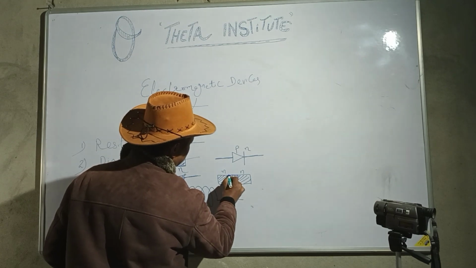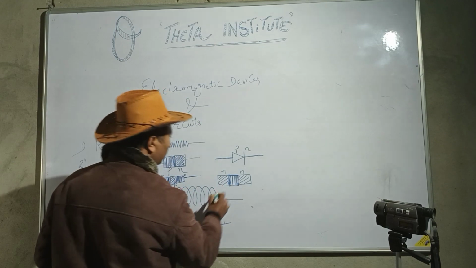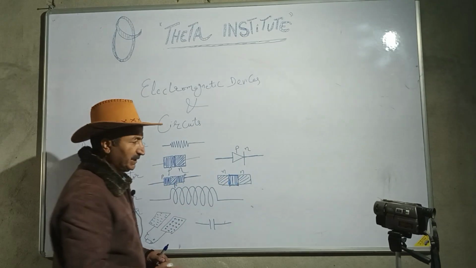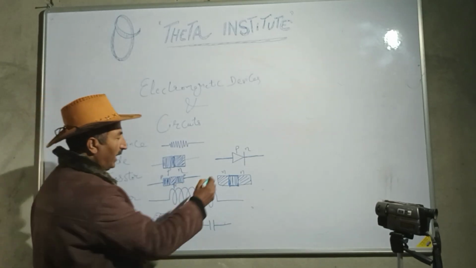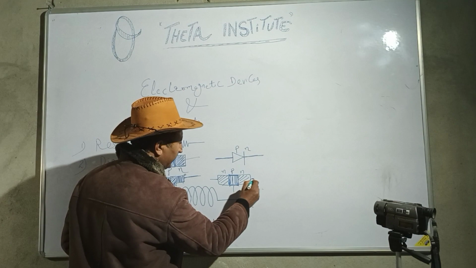This P type material in the center and two N type materials on either side form an N, P and N transistor.